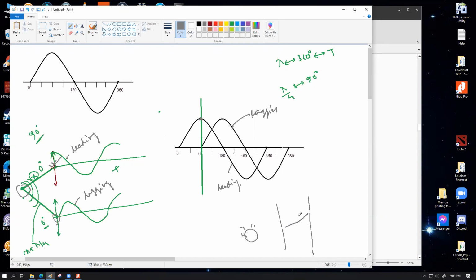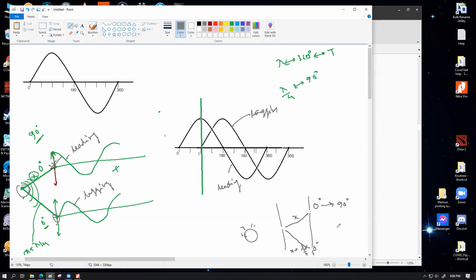So let's say if this pathway was x, whatever that is, this pathway is x plus lambda by 4, which means whenever this source would receive the 0 degree wave, the first wave, that wave would still be somewhat behind reaching the other source. Within the time this source would have gone from 0 degree to 90 degree, that's when the second source is going to receive the 0 degree wave.